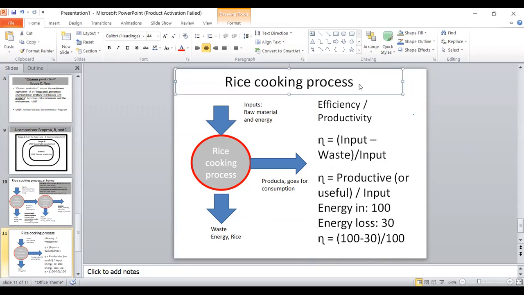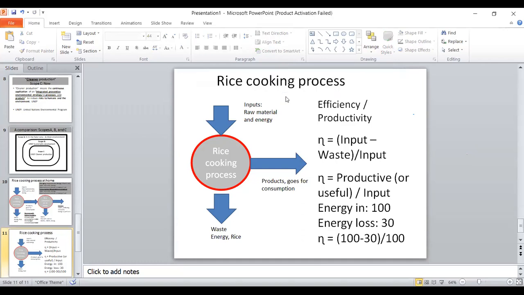So productivity and efficiencies, these are very important. Even later we will do some calculations. So even water, you are using this much. Let's say daily cooking, you may be using 10 liters of water.